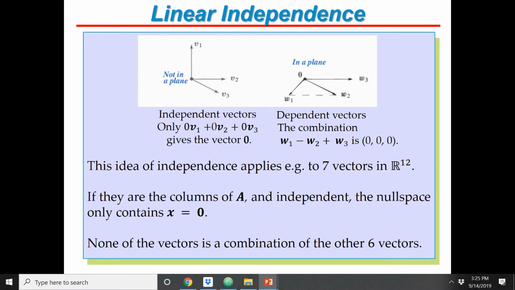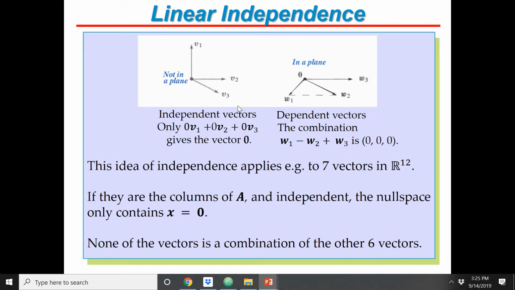If again you try to do this with linear algebra, you will take these 3 vectors in R cube, put them as columns of a 3 by 3 matrix, and then you can compute the null space, and you will find out that in this case, after elimination, the null space has only the 0 solution. In the previous case, the null space will have a solution that includes vectors such as 1, minus 1, and 1.